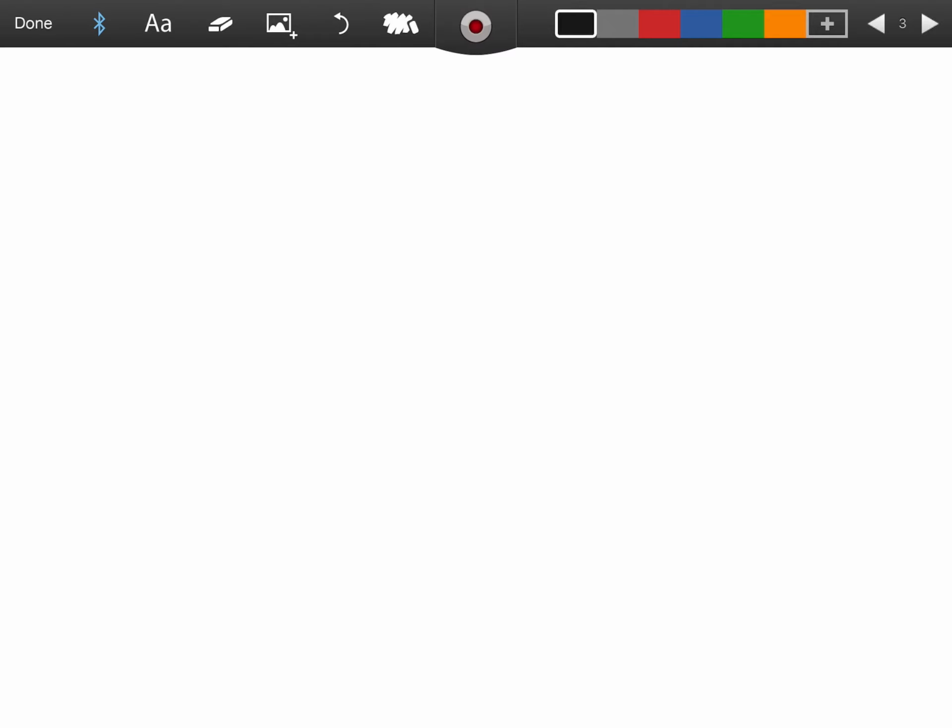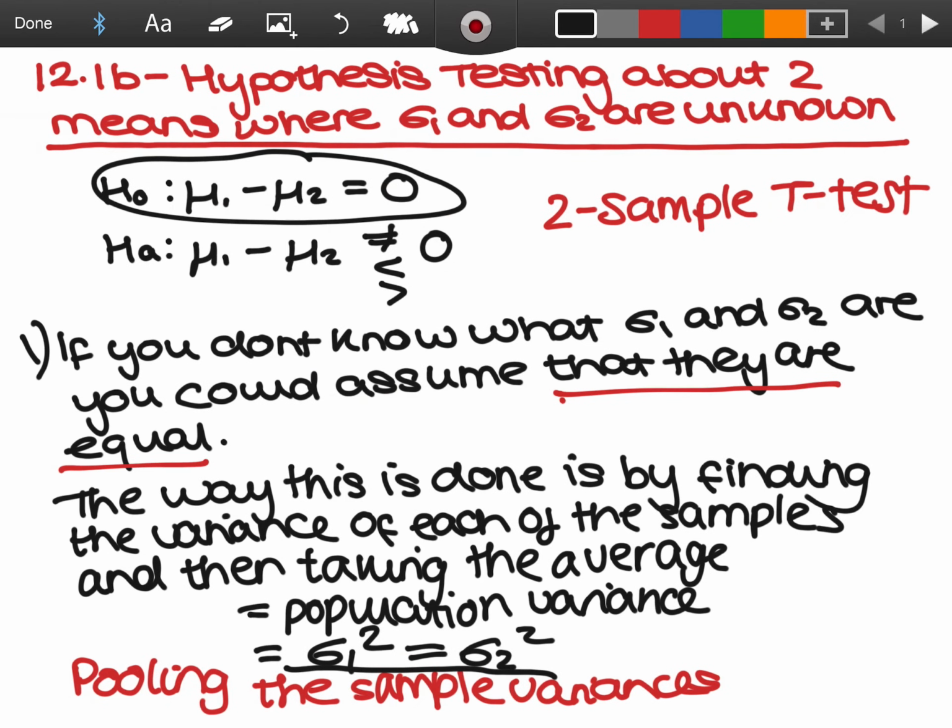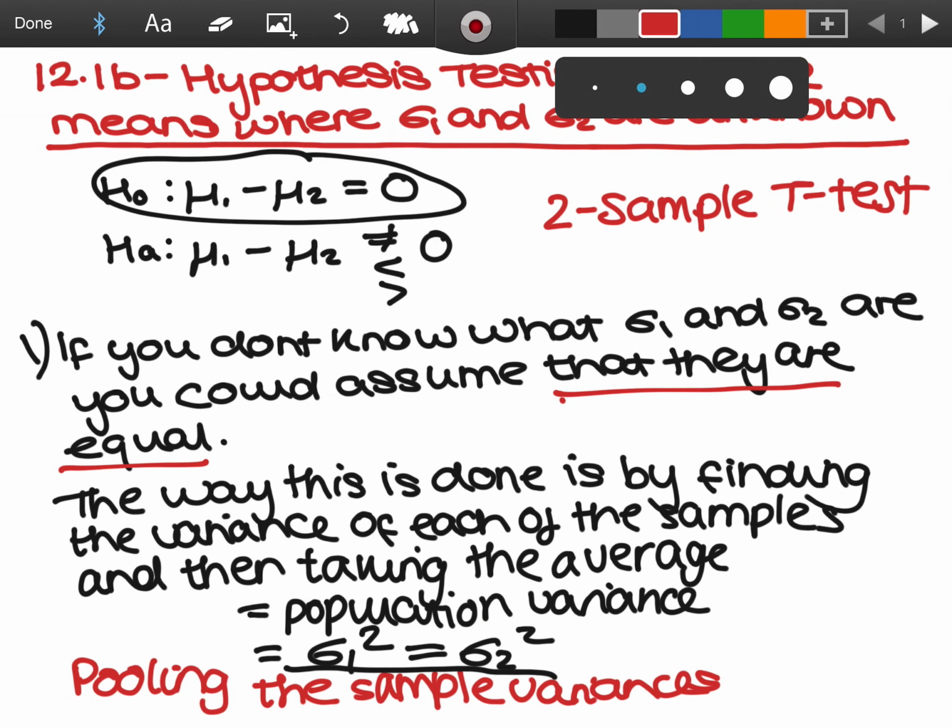So I'm going to do an example of this in a second, but what I want to look at quickly is exactly the same as what we did last time. If you have a two-sided alternative hypothesis, so if your alternative hypothesis has a not-equals in it, you can also conduct a hypothesis test for that using a confidence interval.